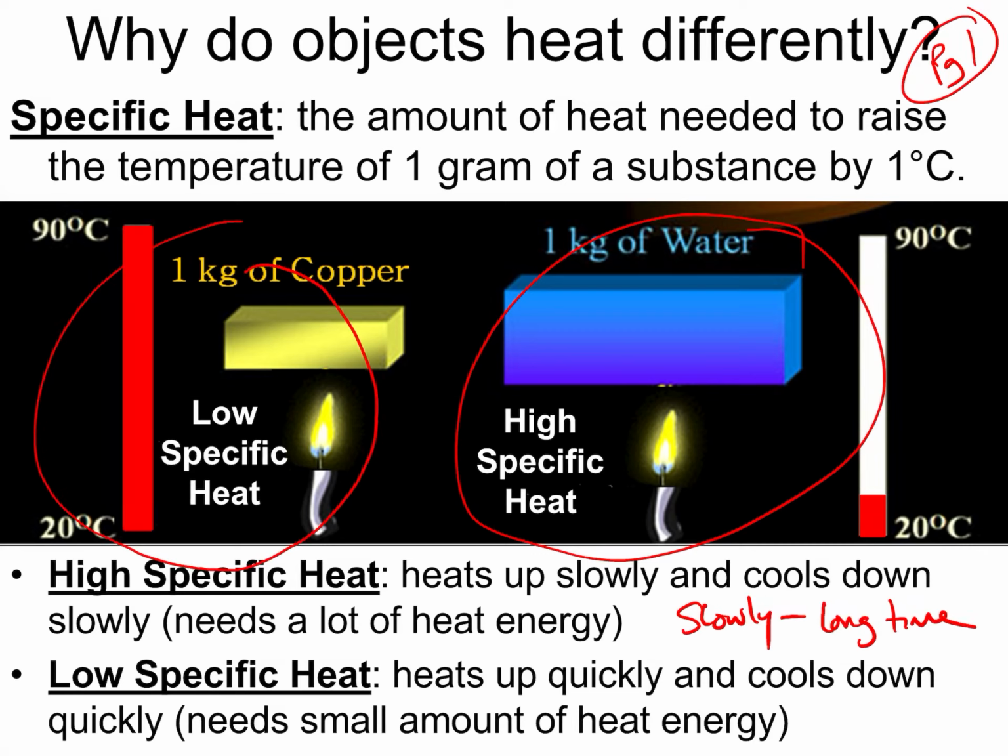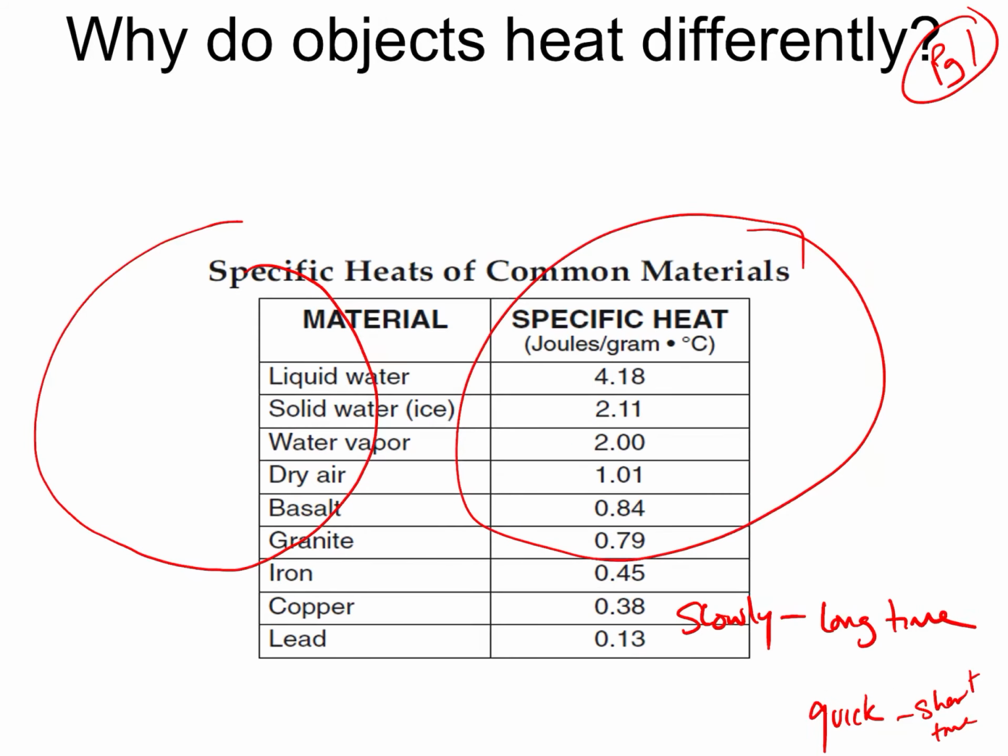Things that have a low specific heat change their temperatures very quick, so that means it's a short amount of time. If you put a pan on your stove, the pan heats up very, very fast, and it cools down very fast because it's a metal. Metals are good conductors. Heat travels through them very well. If you're boiling water, it takes a while for that water to boil. All right, so make sure you know the difference between high and low.